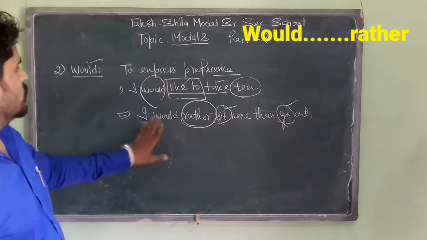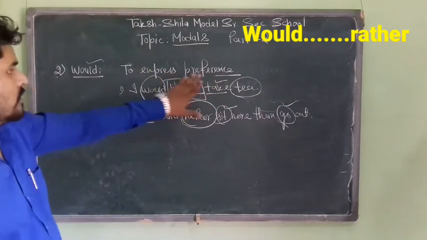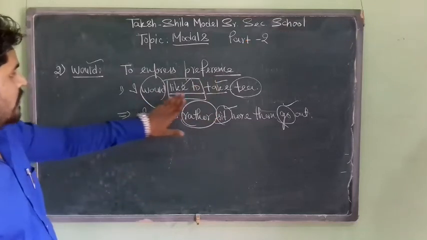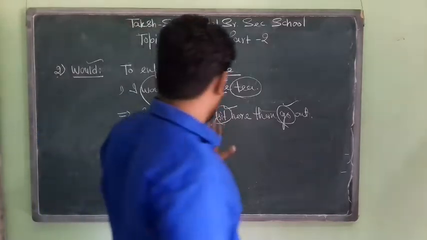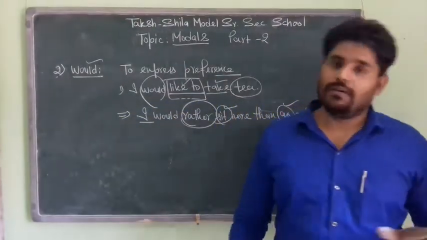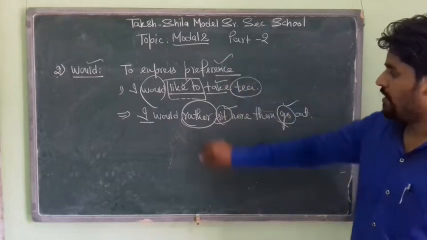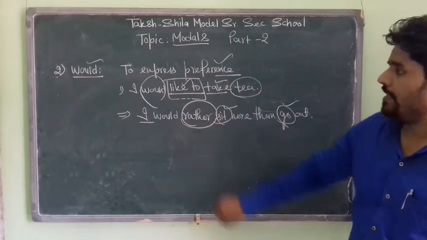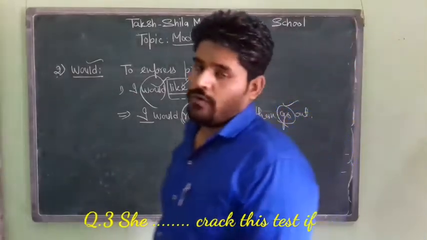So in these two uses of would, especially when we are going to express preference, in the first case we have like to, in the second case we have rather. So with the words like to and rather, would is used to express what? Preference. So whenever there is the word rather or like to in any sentence, we are just prompted to use what? Would.